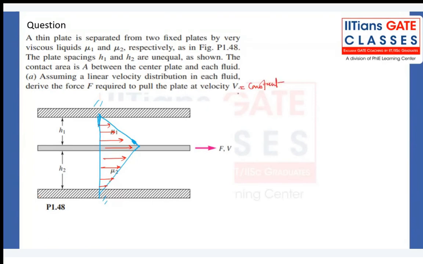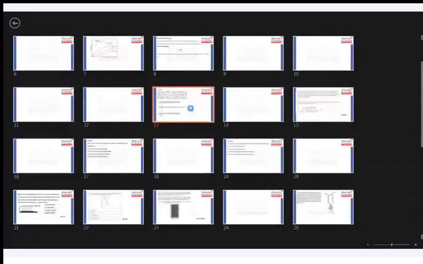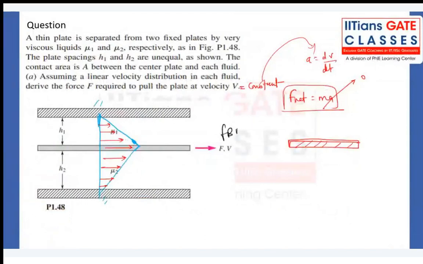So the net force in the direction of motion will be mass into acceleration. Acceleration will be zero because a is equal to dv by dt, and v is constant, so when you do the differentiation, that will be zero. When you draw the free body diagram of the middle plate, it's very simple.